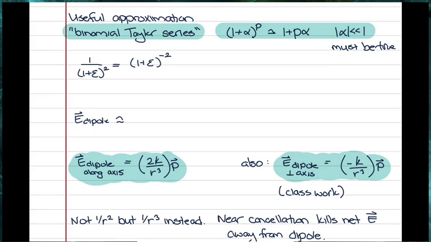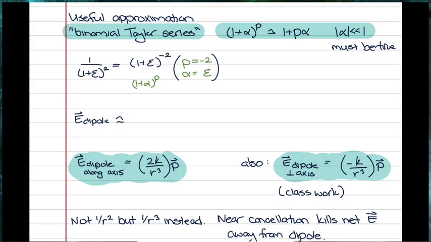And then, indeed, I'll use a different color perhaps. This indeed becomes 1 plus alpha to the p if I make what identifications? If I let p be negative 2, and I let alpha be epsilon, then I could turn my expression into 1 plus alpha to the p.